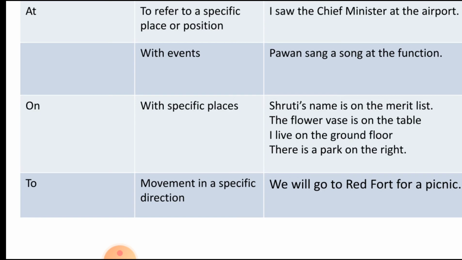So we will go to the Red Fort for picnic. So here what is the preposition? To Red Fort. So to is the preposition, and in all these examples you might have seen everywhere the preposition is used before the noun or the pronoun.